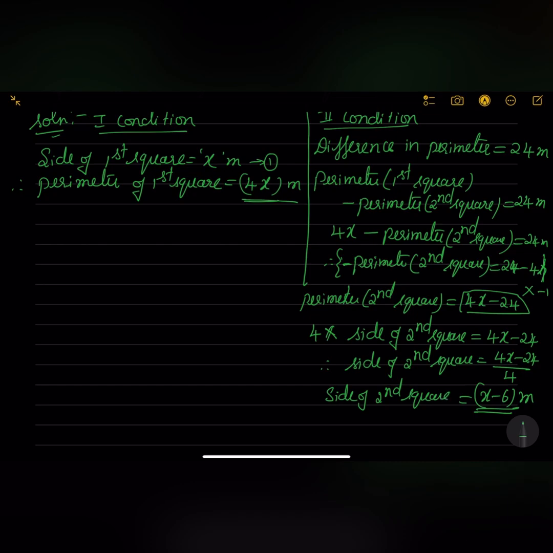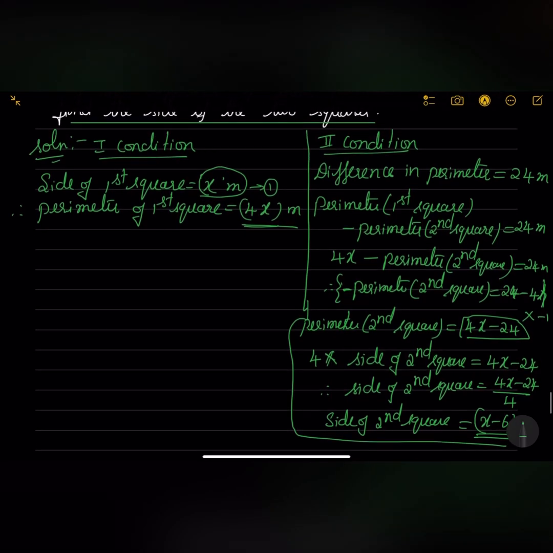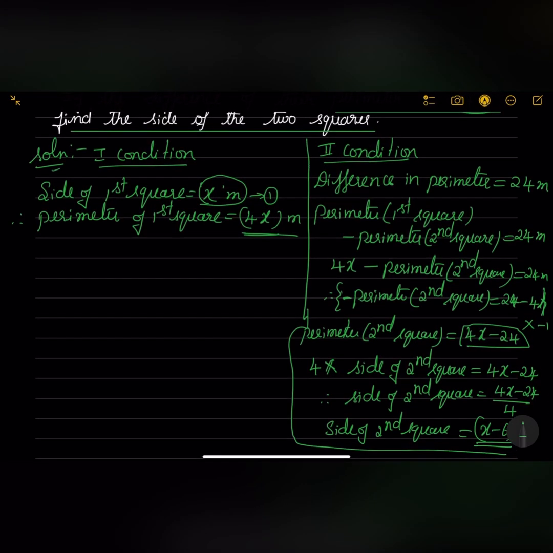And why are we finding the side of the second square or the side of the first square? What's the reason for it? Because we know that area of a square is side square, right? So what have they given? Let me write down the given thing.